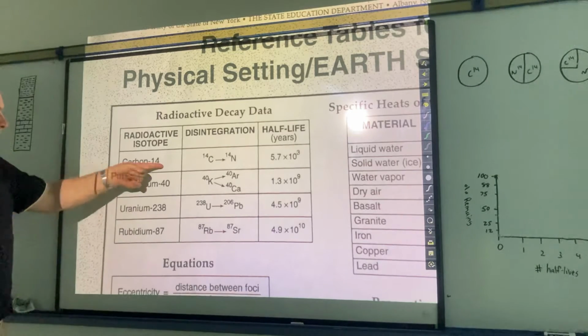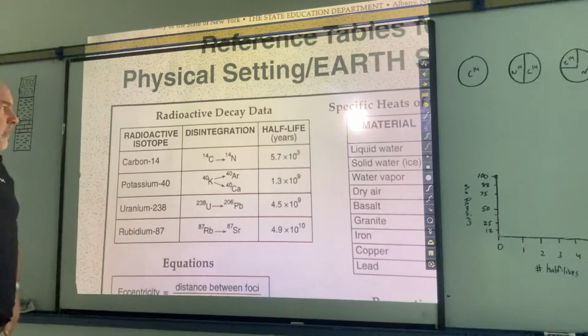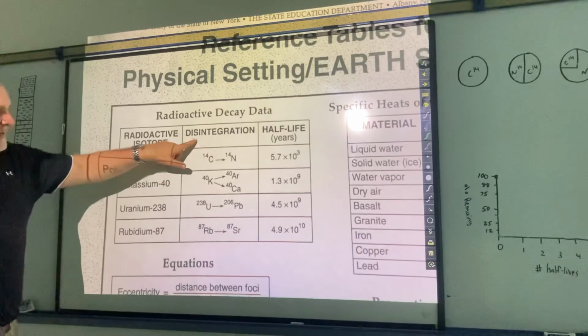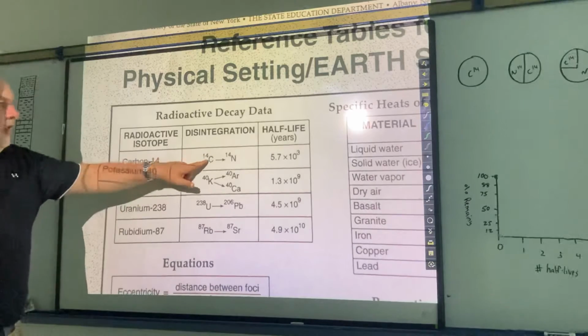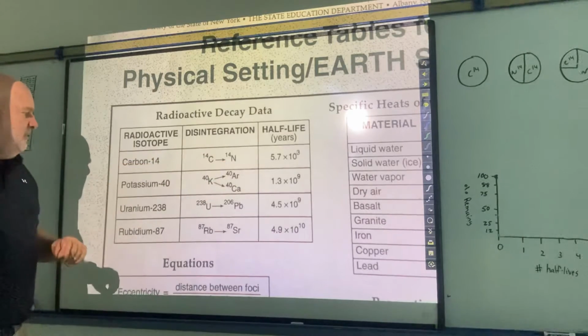So, carbon-14, the one that we were talking about so far, the disintegration or decay shows you what it turns into. So carbon-14 turns into nitrogen-14.